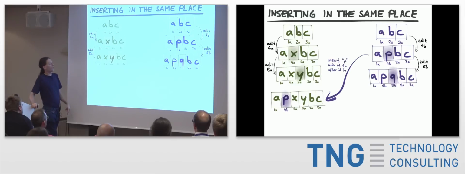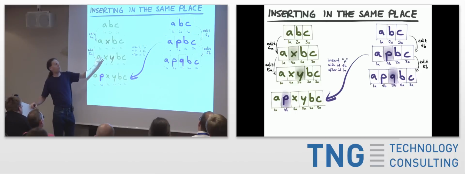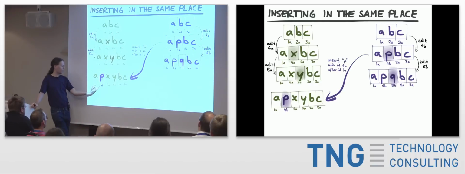So let's say we first take this insertion of P and apply it on the left-hand side. The operation is going to look exactly like before, and we're going to generate identifiers for each of these characters as before. So the P here is going to have an identifier 4B, like we had before. The 4 is 1 greater than 3. And we're going to insert it after 1A, because 1A is the identifier of A. And so the P with identifier 4B gets put directly after the A here.